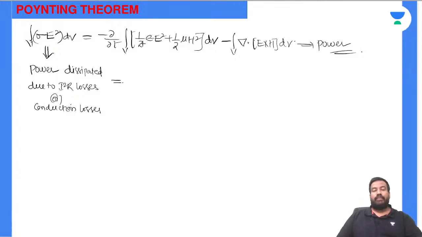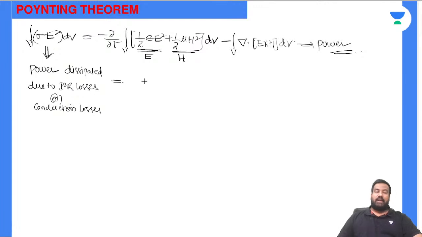This is 1 by 2 epsilon E square, energy density in electric field, and 1 by 2 mu H square, energy density in magnetic field. This plus this is total energy density. Volume integral of energy density is work done. Dou by dou T is change in work done, minus dou by dou T, rate of decrease of work done or stored energy.